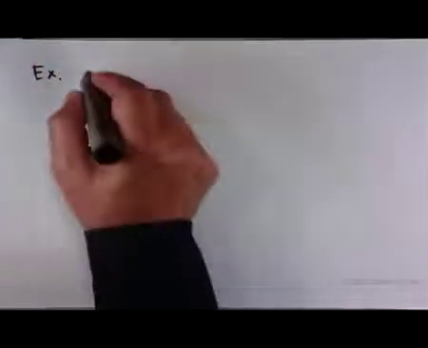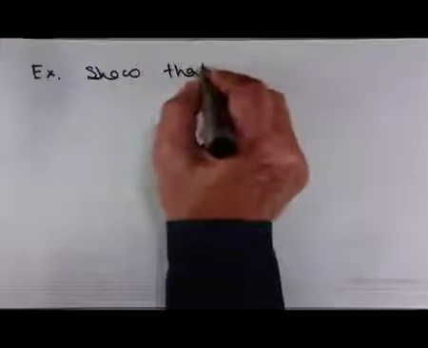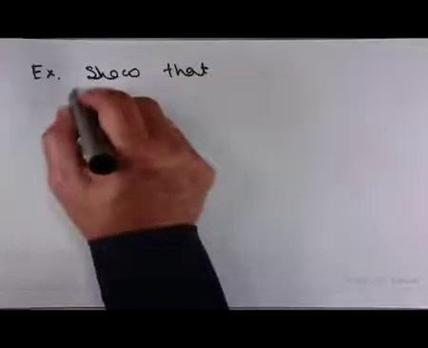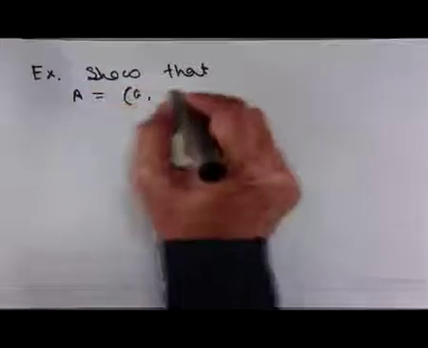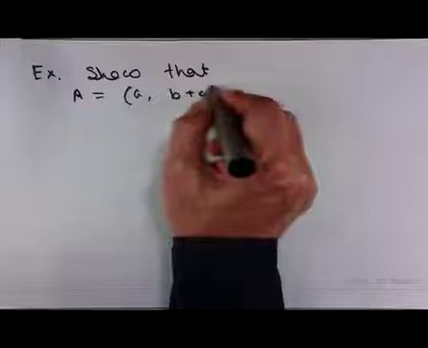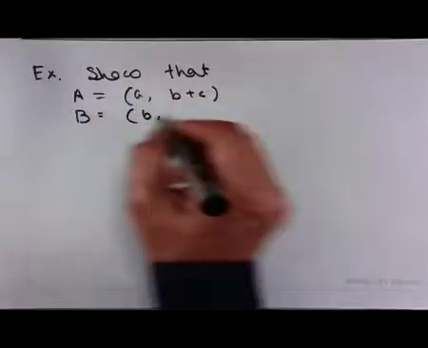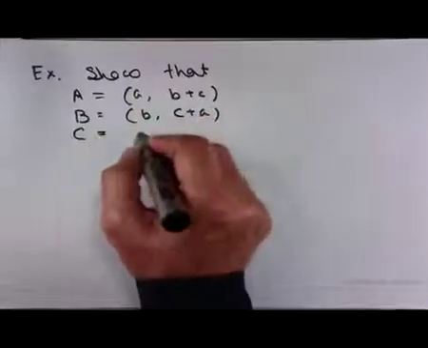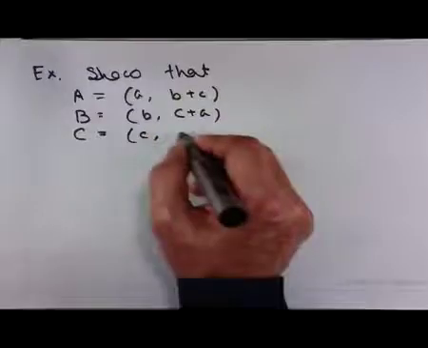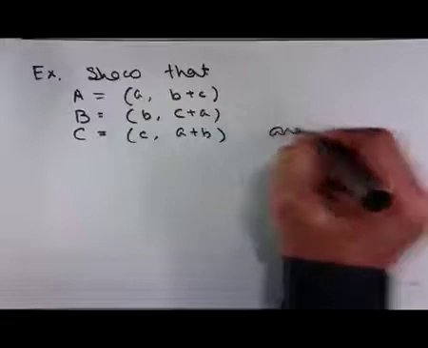Example: show that A, A comma B plus C, B, B comma C plus A, and C, C comma A plus B are collinear.